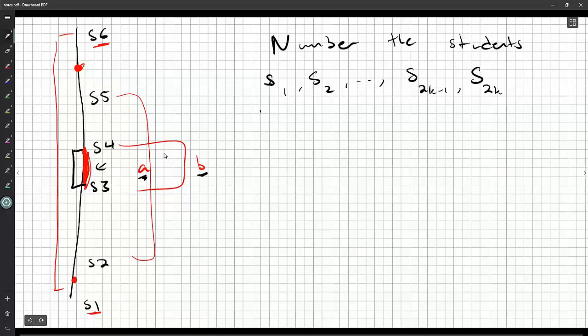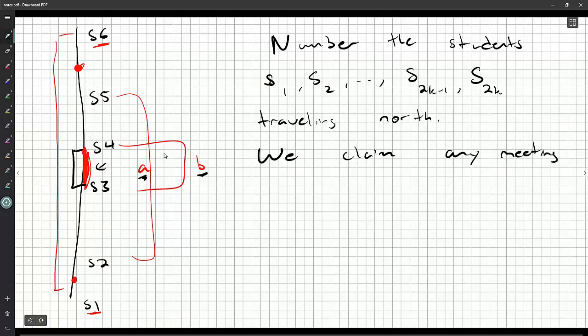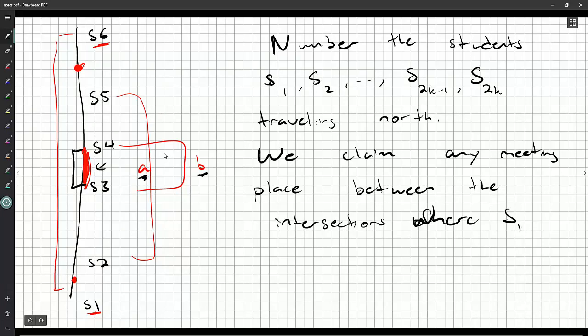Traveling north. So just give them some order. Okay, so we claim any meeting place between the intersections where SK and SK plus 1 are will do.